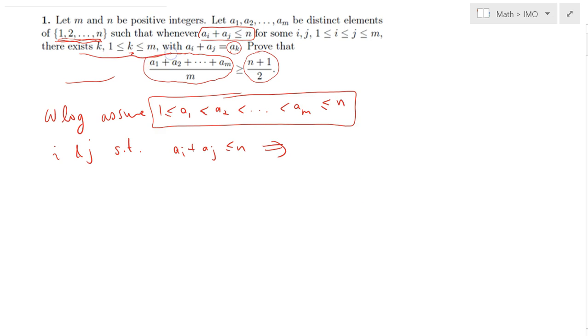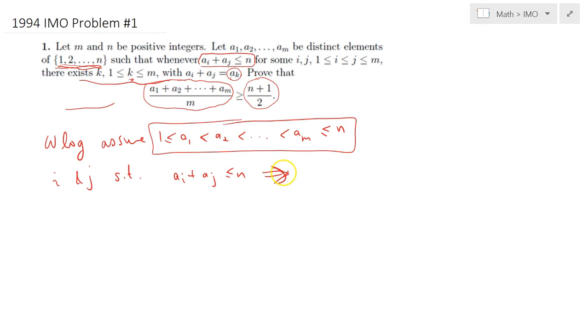Then by the statement of the problem, this would imply that there exists a k such that a_i plus a_j is equal to a_k for sure, but moreover what this tells us is that a_i plus anything less than a_j would also work.